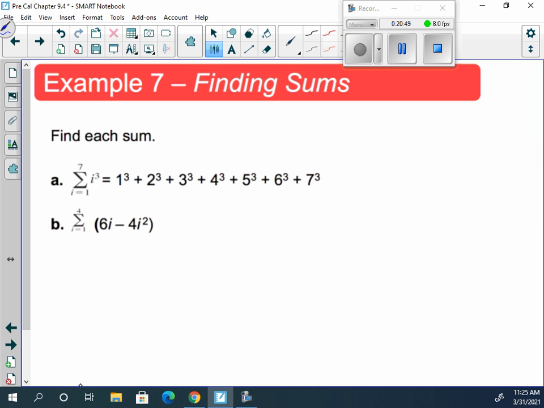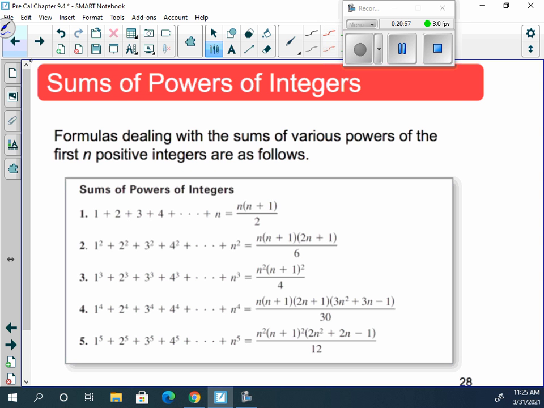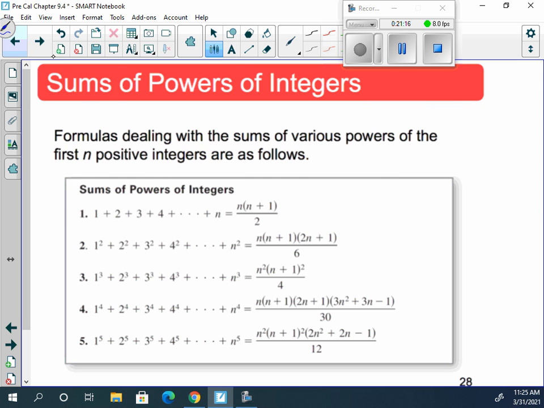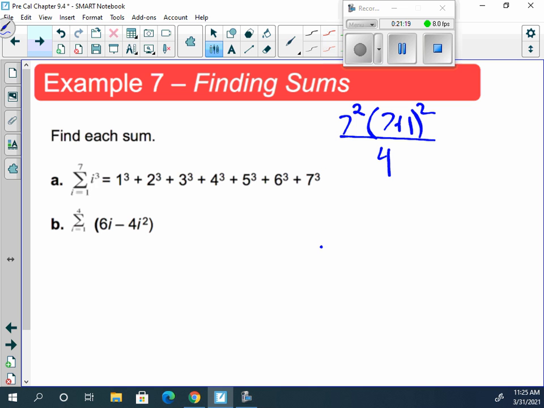So if we want to find the sum for our cubes, the formula is n squared times n plus 1 squared divided by 4. So for n equals 7, it's 7 squared times 7 plus 1 squared divided by 4. Well, 7 squared is 49. 7 plus 1 is 8, squared is 64.